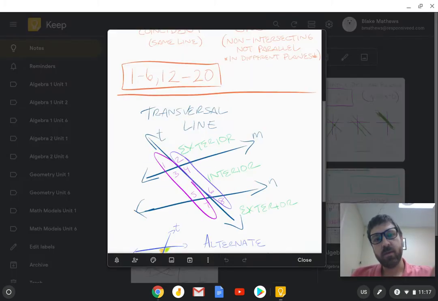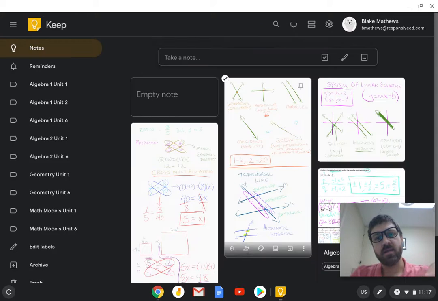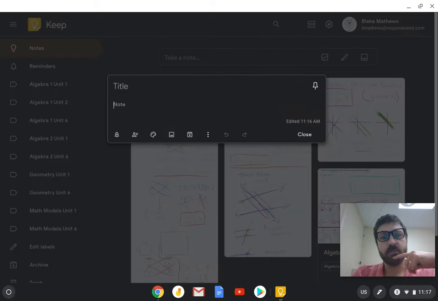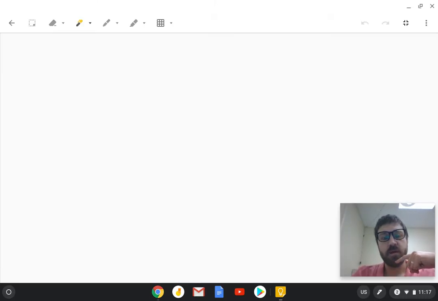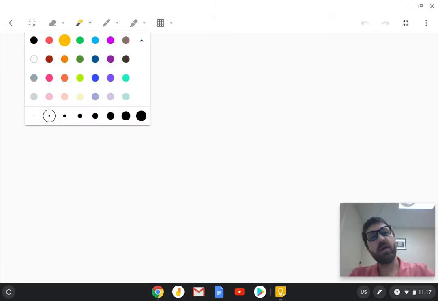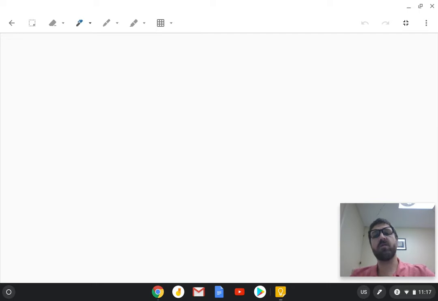lesson, we are looking at, do a new drawing. There we go. We are looking at what those tell us when we are dealing with parallel lines and a transversal.